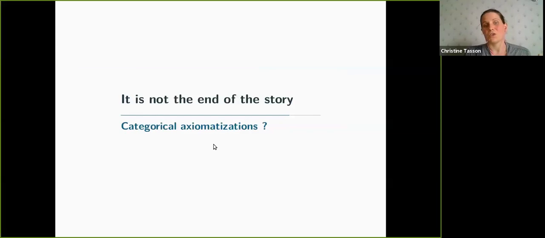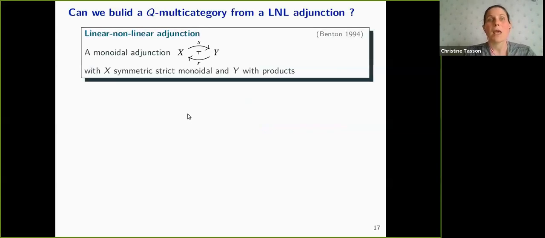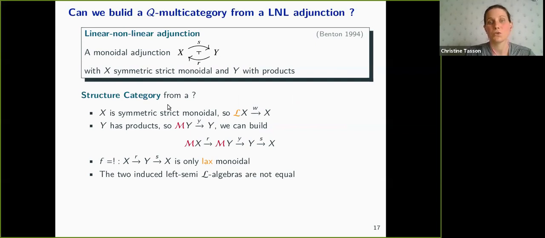Okay, so the next thing that I want to present is how we relate to the usual categorical axiomatization of linear nonlinear substitution. The straightforward thing that we can do, which is to try just to produce the structure that we need, is not working, because first, the comonad that we get is only lax, it is not living in the symmetric strict monoidal category.